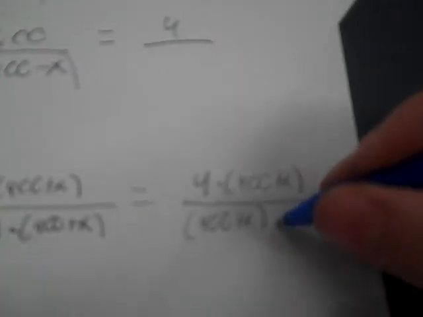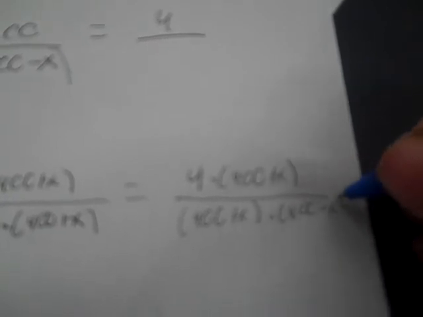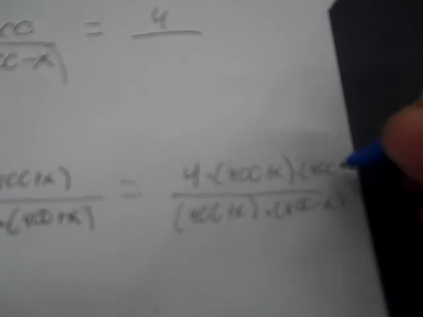For 400 minus x, I'm 0, 1, 0. Okay, and then we cancel that.